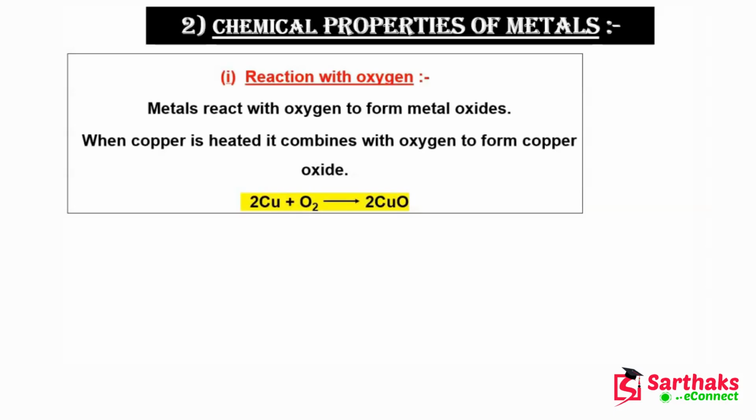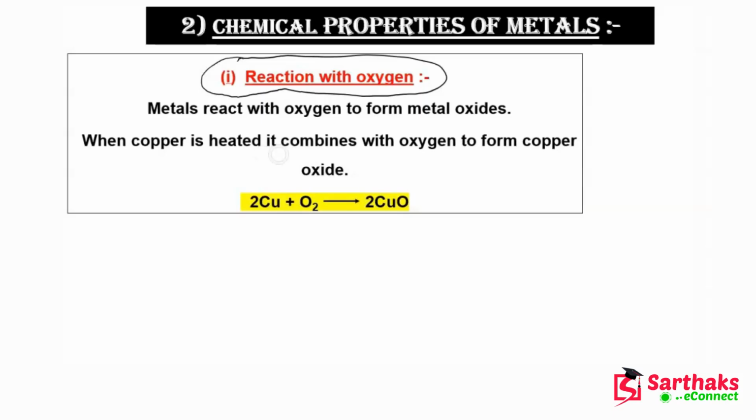Here we will talk about the reaction with oxygen. We all know that when metals react with oxygen, they form metallic oxides. Here it is written that metal reacts with oxygen to form metal oxide.